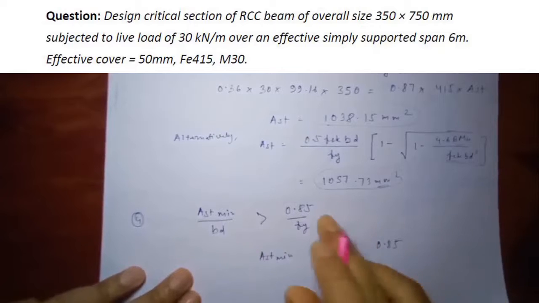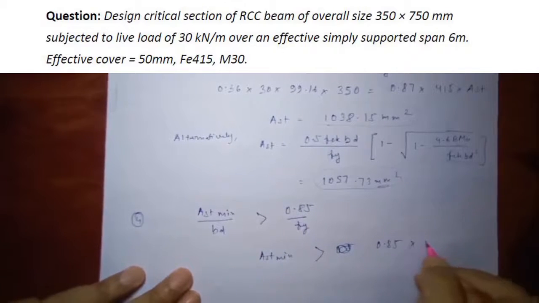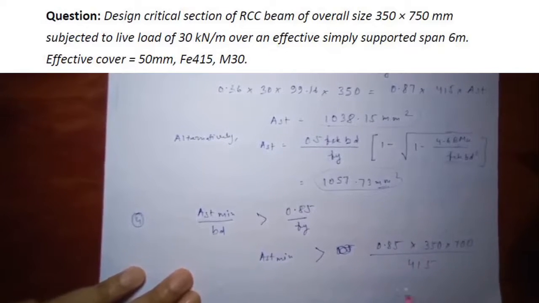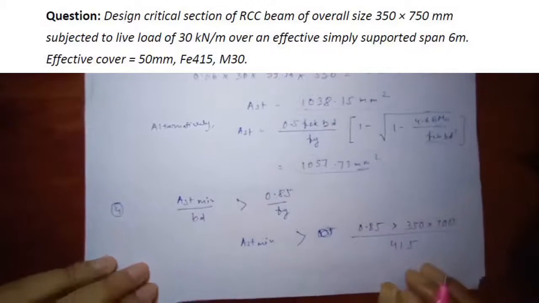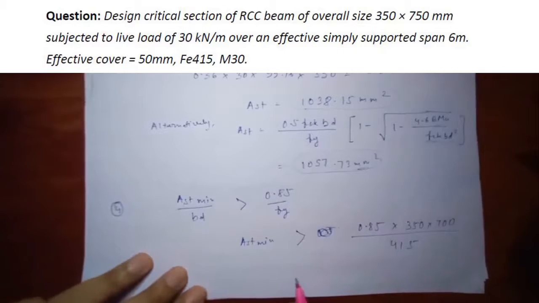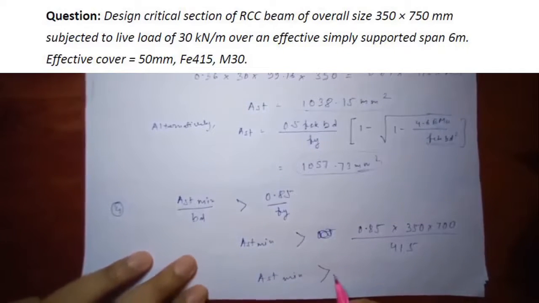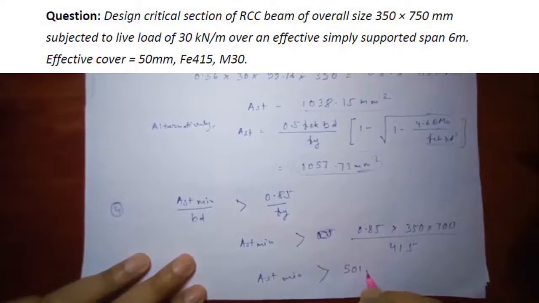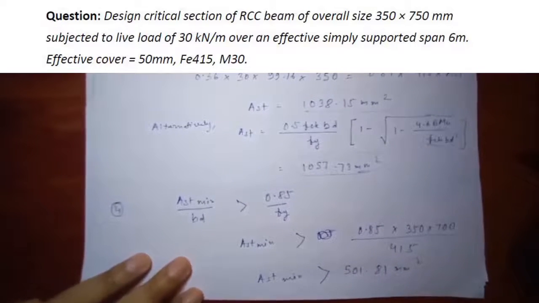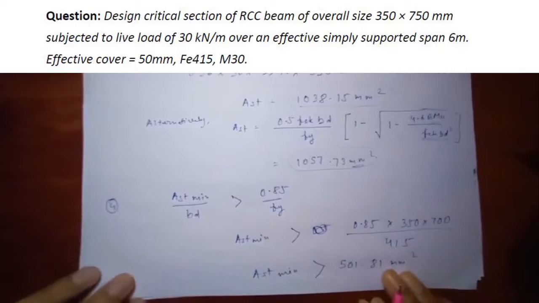I'll put BD over here in this numerator, that is 350 multiplied by 700 upon Fy is given by 415, and thus I will get AST minimum should be greater than 501.81 mm square. AST minimum should be greater than this.